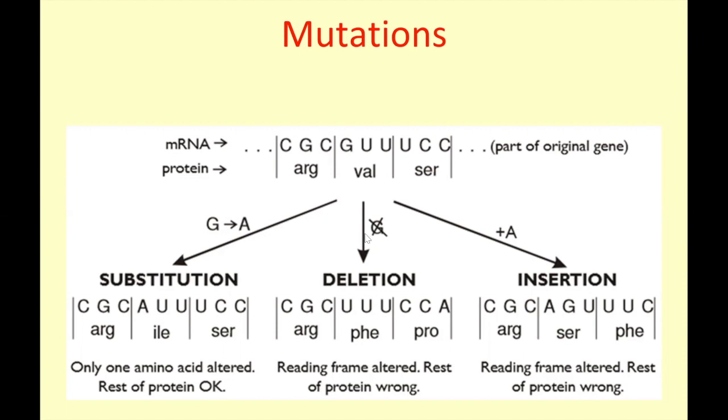In the deletion mutation here, you can see the G has gone altogether. And what that leads to is what is known as a frame shift. And that means everything after this deletion becomes a different amino acid. So whereas we had arginine, valine, serine, we've got arginine, phenylalanine, proline. Okay, and so everything beyond this point is changed.